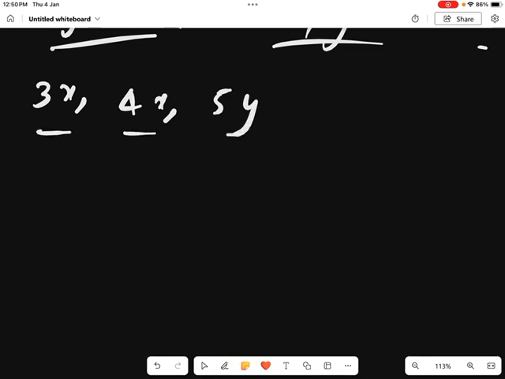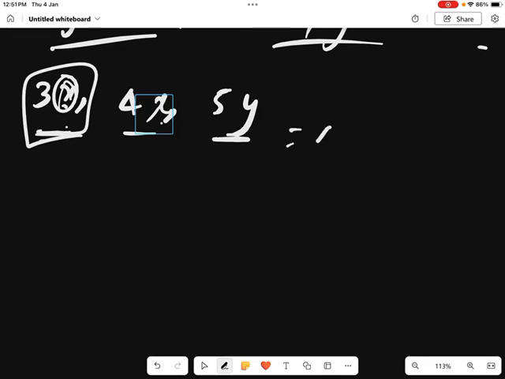These are polynomials containing only one term, and this term contains only one variable, x or y. So a polynomial containing only one term is called a monomial.